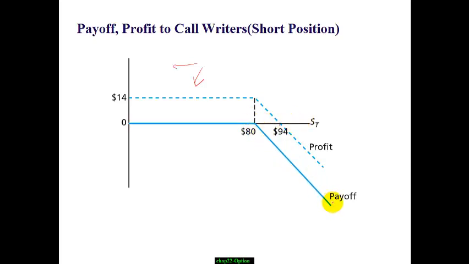In terms of payoff, which is the solid line, call writers keep $14 as long as the stock price is below the $80 strike price. They start to lose money when the stock price goes up, as the call buyers start to call in stock and exercise call options. As you notice, the loss for call writers could be unlimited. So why do the call writers want to sell call options? Because they believe the stock price will go down.